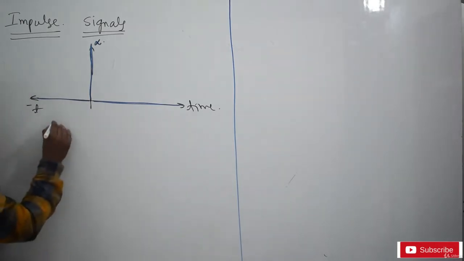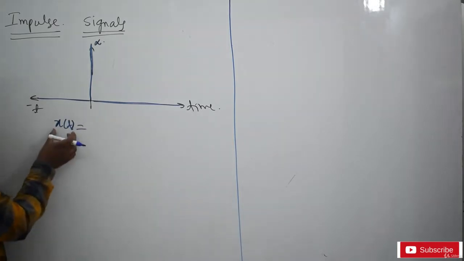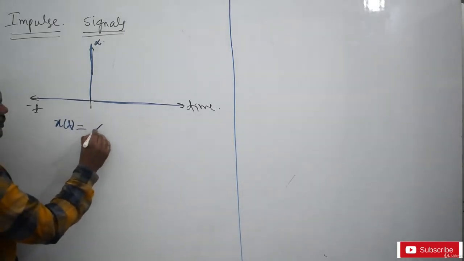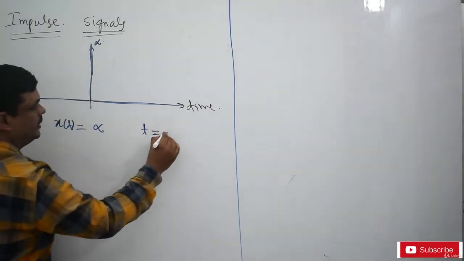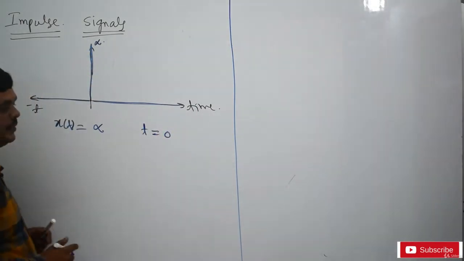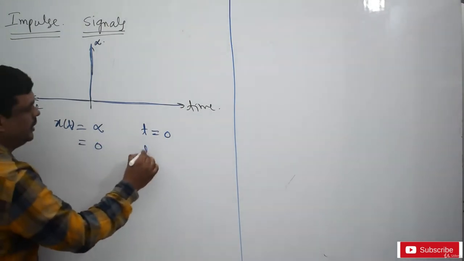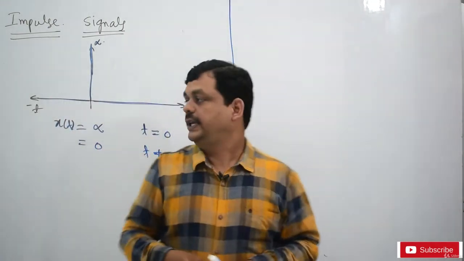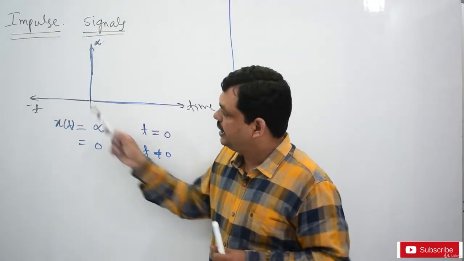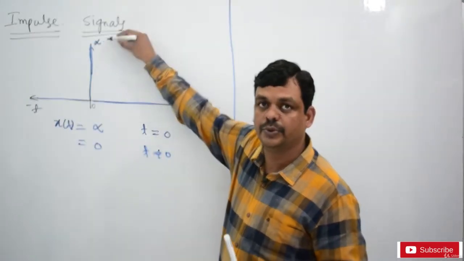The signal representation: x of t is equal to infinity amplitude exactly at t is equal to 0, and the same function is 0 other than t is equal to 0. See, exactly at time is equal to 0, at the origin point, the amplitude is defined up to infinity.